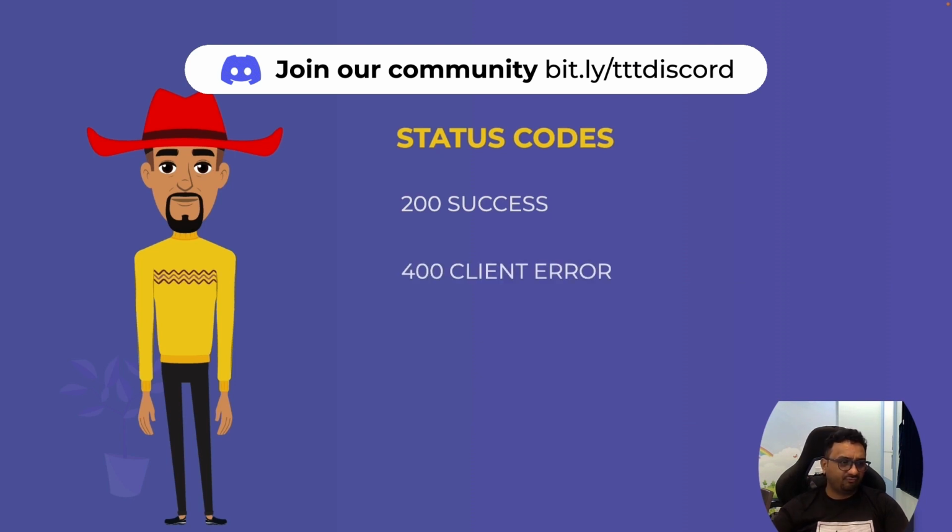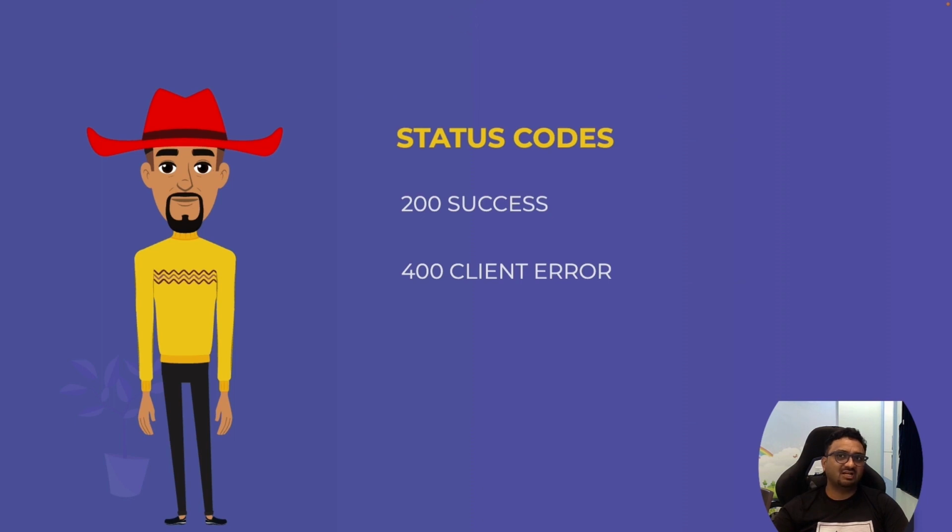There are 400 status codes, where there is something wrong with the client, meaning you are trying to request a resource that you are not authorized to access, there is something wrong with sending the request, or you don't have permission to access that particular resource. And the last is the 500 server error. That means the server itself is not working properly; there are server side issues as well. These are the status codes that we'll try to test in today's session.